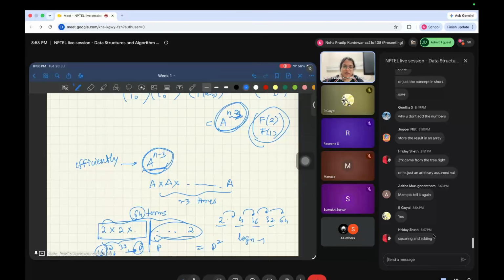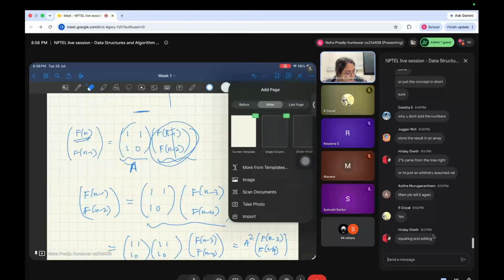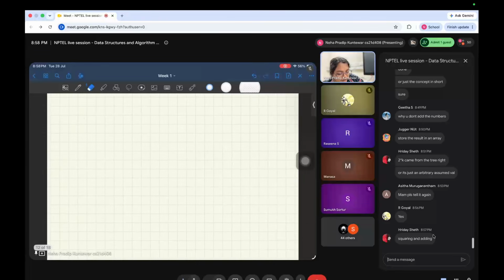So you can apply the same logic here. If these are, let's say, 2 to the k terms, I'm assuming it's a power of 2, then you are going to find 8 times 8. In order to find A to the 2 to the k, this is nothing but A to the 2 to the k minus 1 times A to the 2 to the k minus 1.